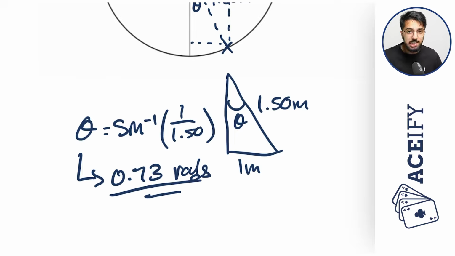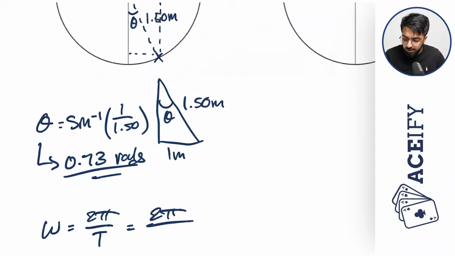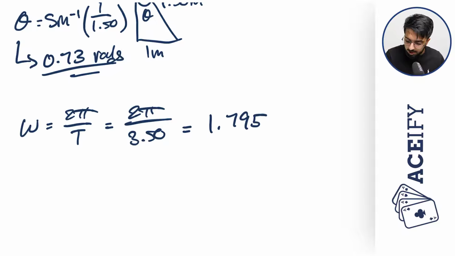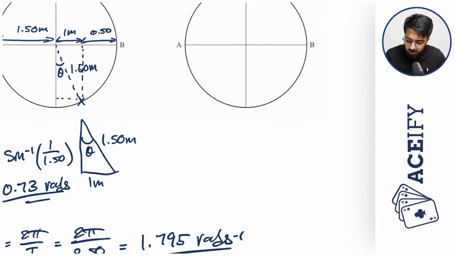Remember, always work in radians when you're using the reference circle. And therefore, as our ω is equal to 2π over our period, we get 2π over our period of 3.5, and we get 1.795 radians per second. Because we are starting from max displacement, we have our equation v is equal to Aω cos ωt, right?